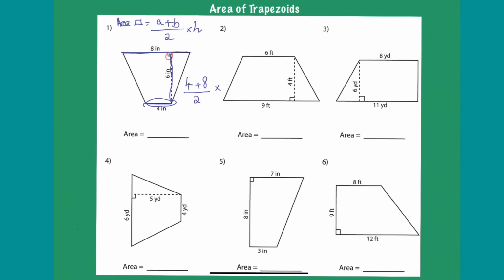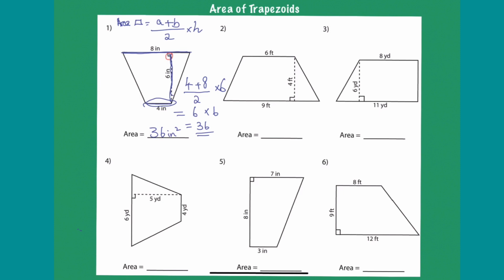In this case, it's 6. So 6 times 6 equals 36. So, the area is 36 square inches.